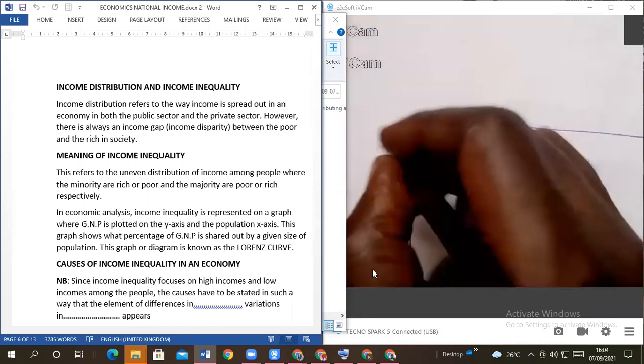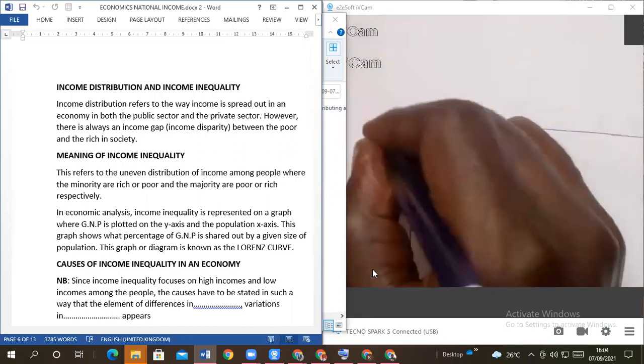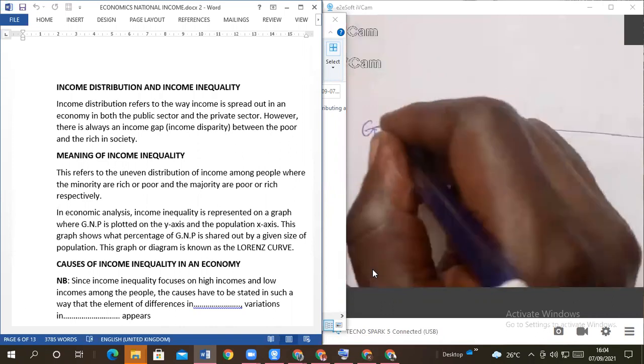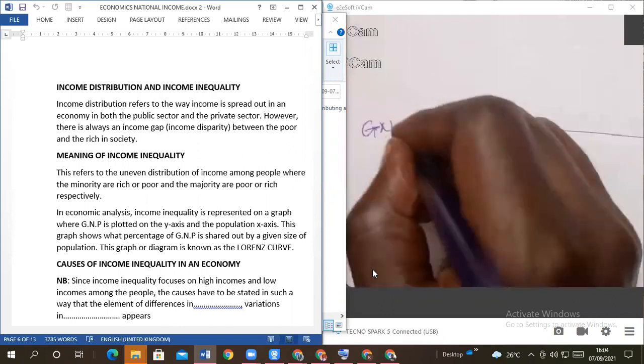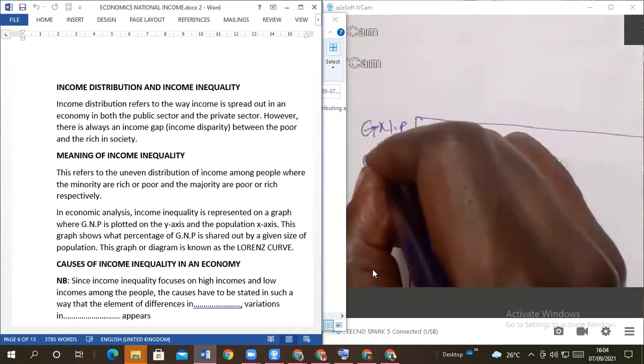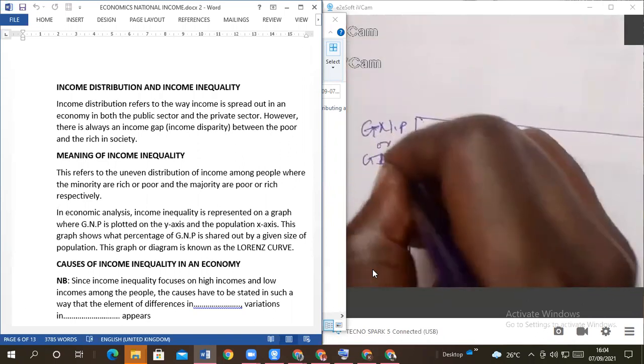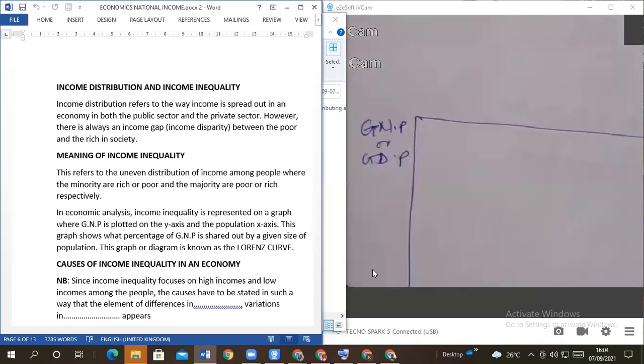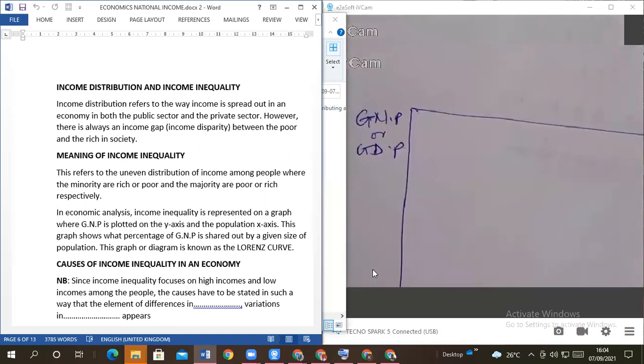So you have GDP here, or national income, GNP, and then on the horizontal axis, we have population.